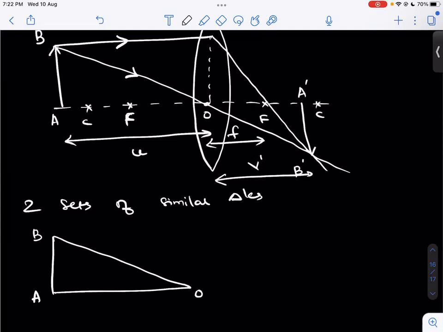OA is going to be u, and AB is as it is. So this triangle is similar to the triangle A dash B dash O.